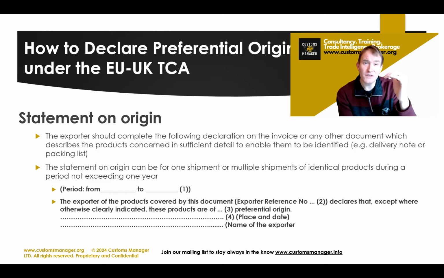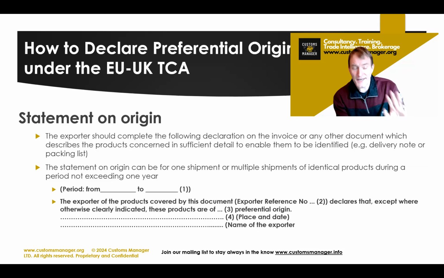So you would specifically refer to the non-preferential status of a product, for example. Unless clearly indicated above that these products are of EU or UK preferential origin. Place and date, name of the exporter, and voila, there you are.